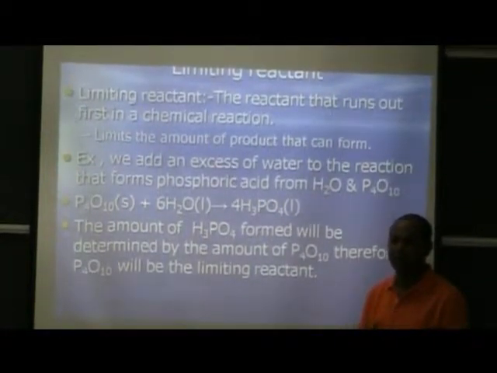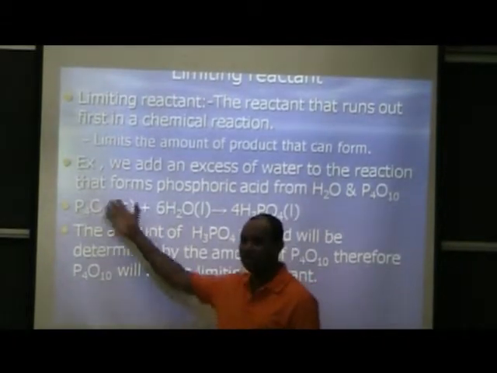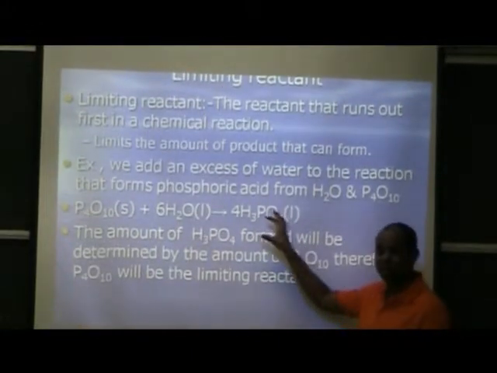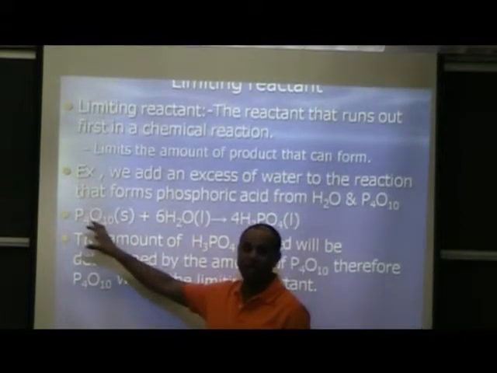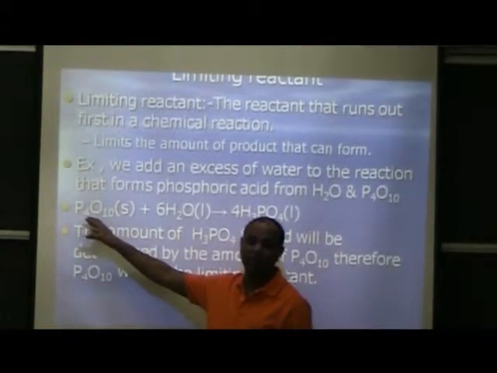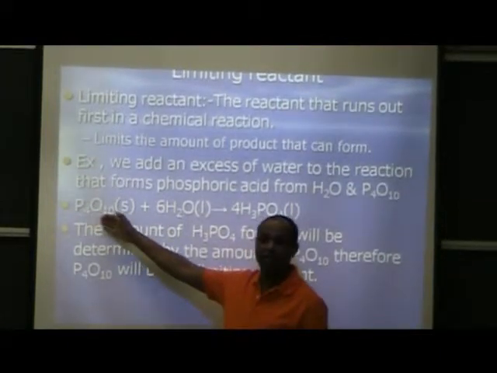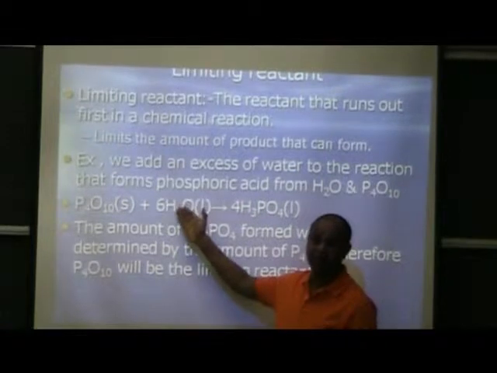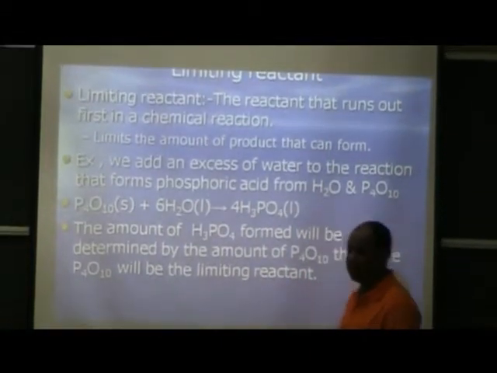Maybe we get plenty of water, but we don't have that much P4O10. So how much phosphoric acid you get depends on the quantity of P4O10. So what is P4O10? It is the limiting reactant. What is H2O? It is the excess reactant.